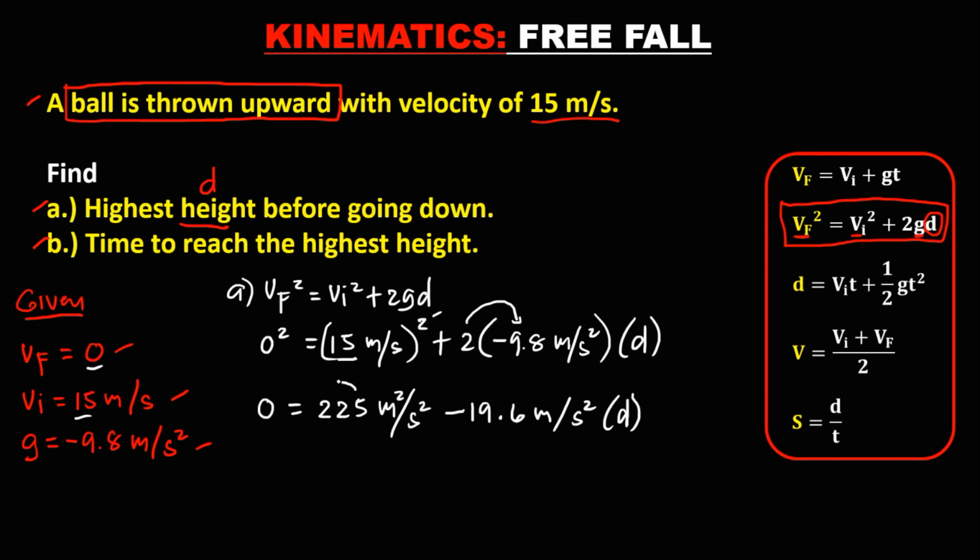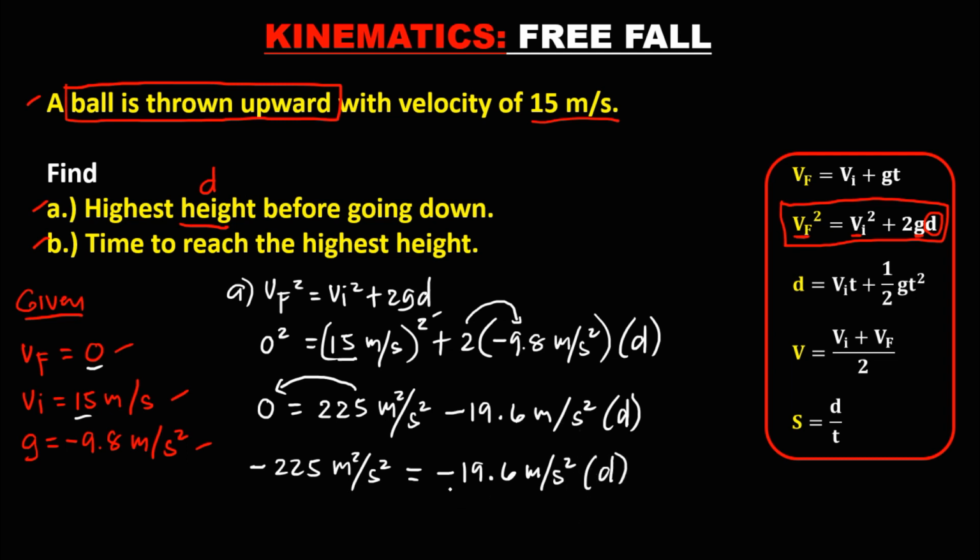Then we need to transpose this 225 to the other side, so this becomes negative 225 meters squared per second squared equals negative 19.6 meters per second squared times the displacement.